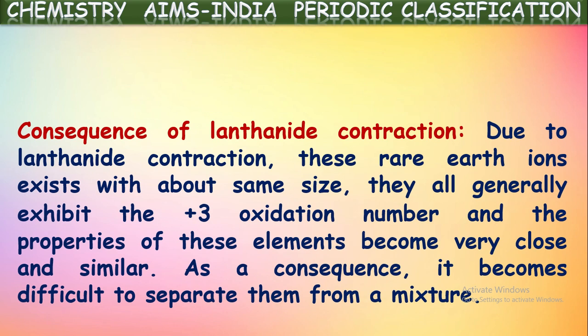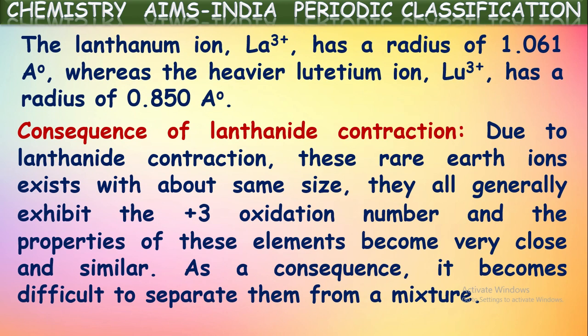What are the consequences of this lanthanoid contraction? Before that, let us see one example. The lanthanum ion La3+ has a radius of 1.061 angstroms, whereas the heavier lutetium ion Lu3+ has a radius of 0.85 angstroms.